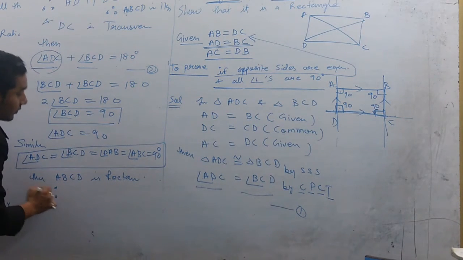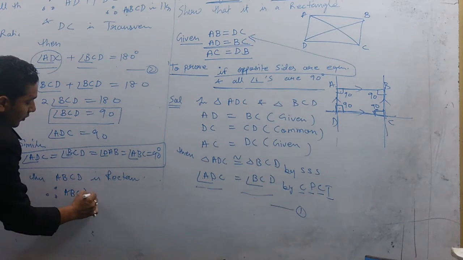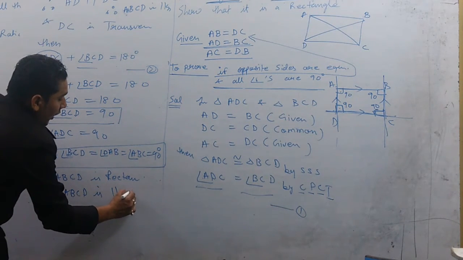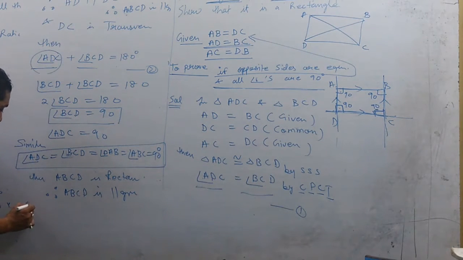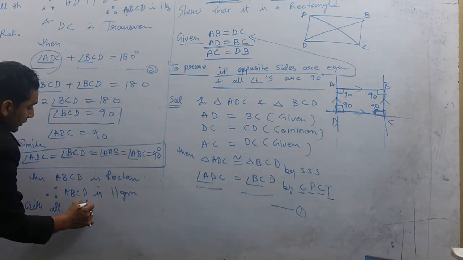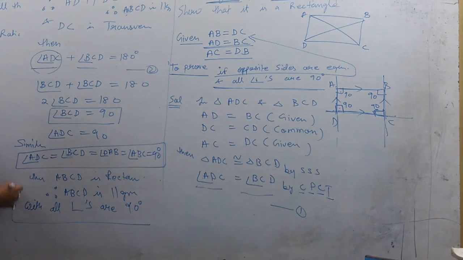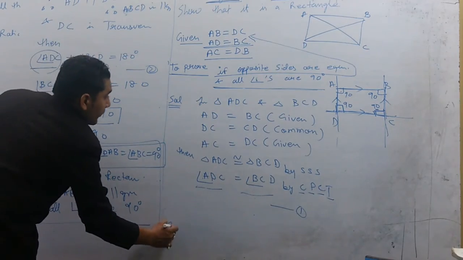The reason is that ABCD is a parallelogram with all angles 90. This is the answer.